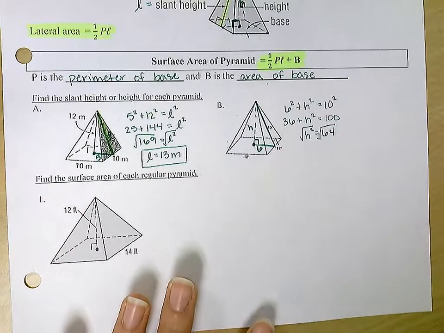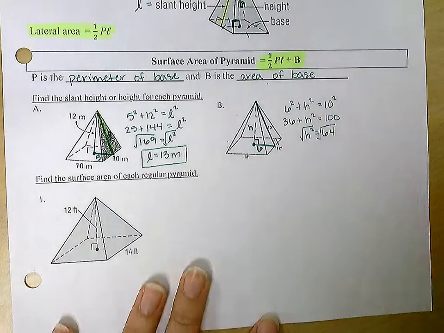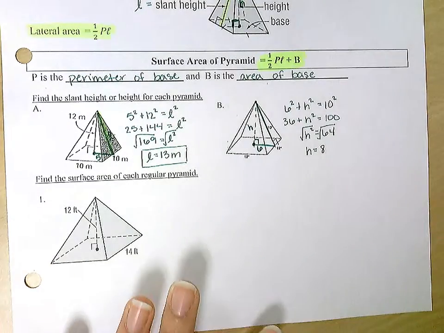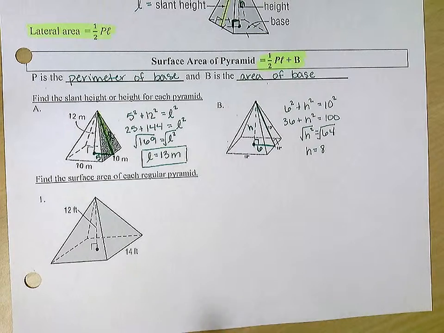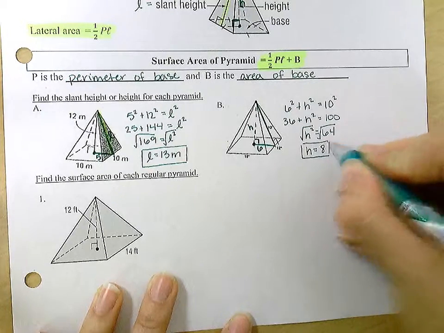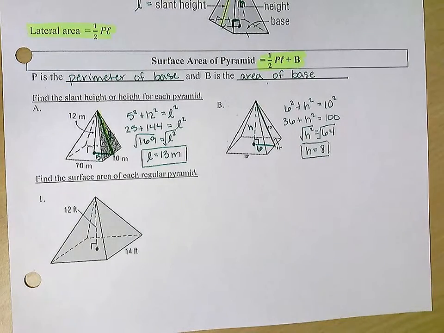Take the square root of both sides. And our height will be equal to 8. Questions on those two problems?